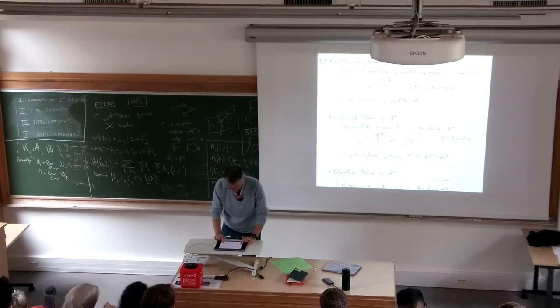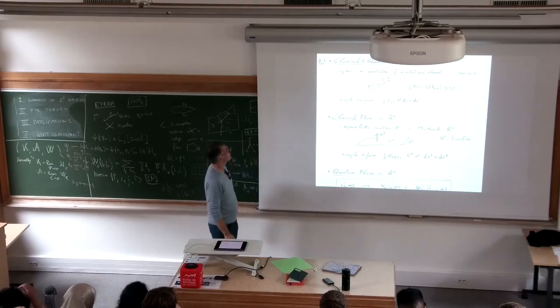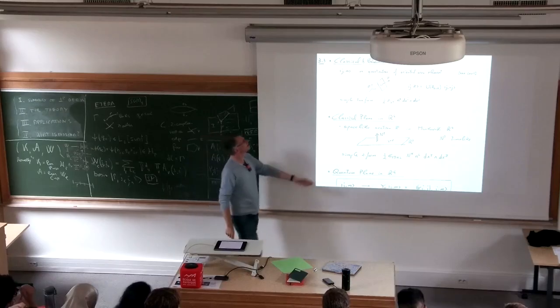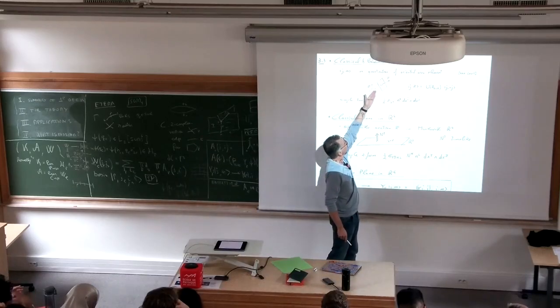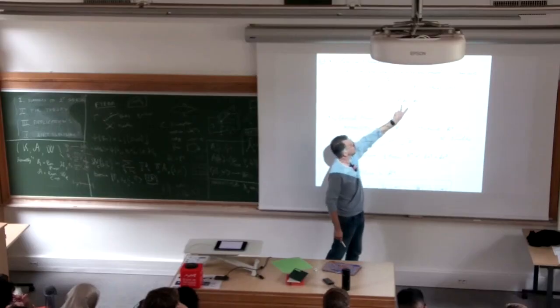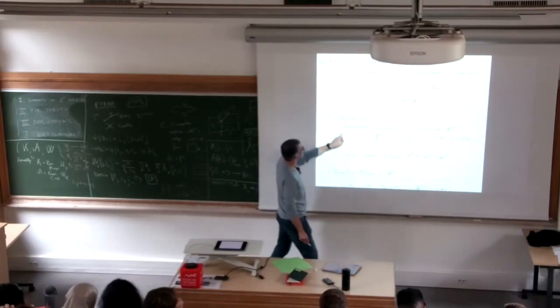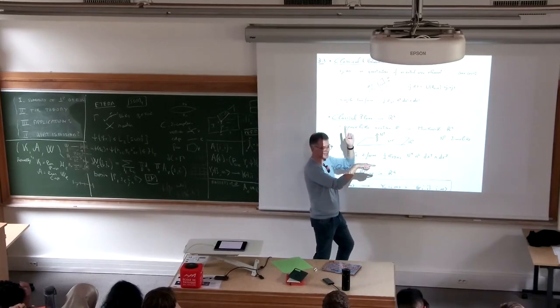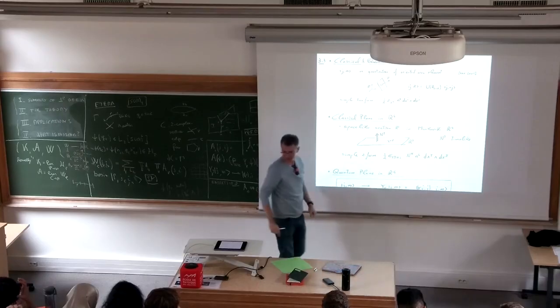Pictures. I'm saying again the same thing, I'm just repeating it. A plane in space has a normal, or you can think of it as a two-form. But if you think of the plane in space-time, then you have the normal in space and the normal in time, so you have a two-form.